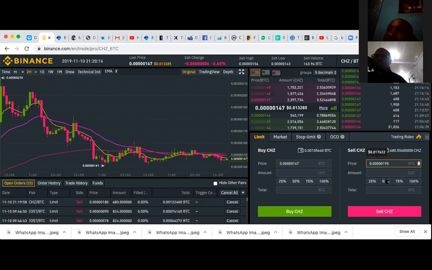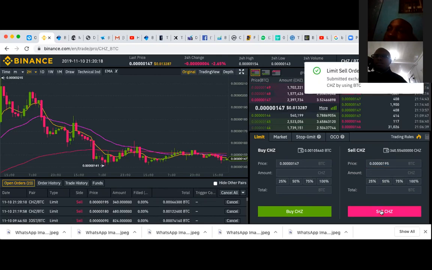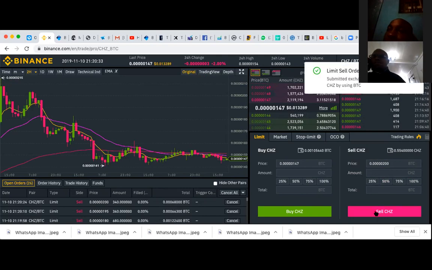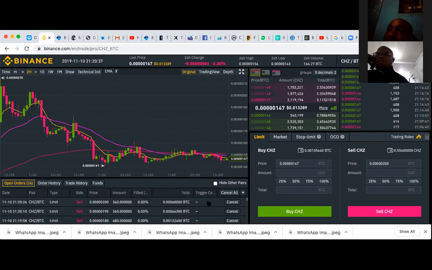So another 50% of the coin, sell at 195. Okay, I can now say the last one, just sell at 200, or I wouldn't set any price at all. So I can say 100% sell at 200 Satoshi.